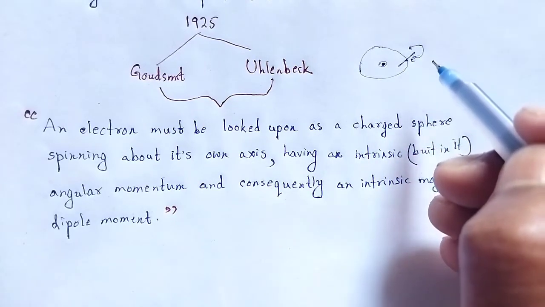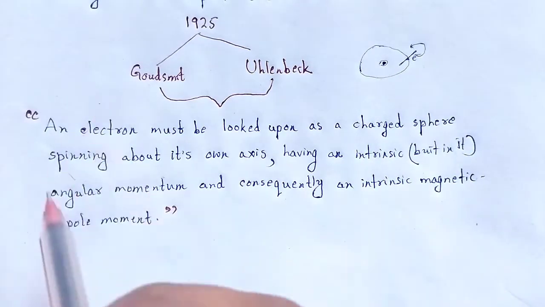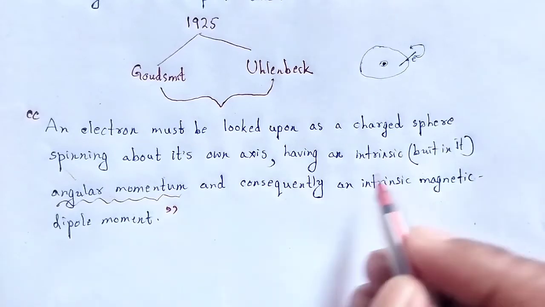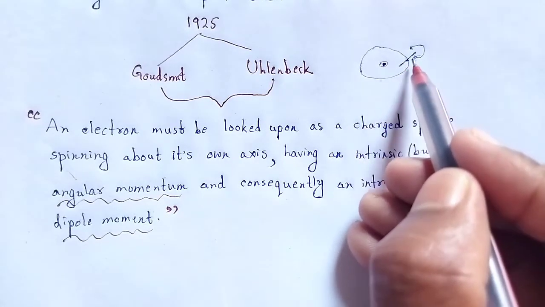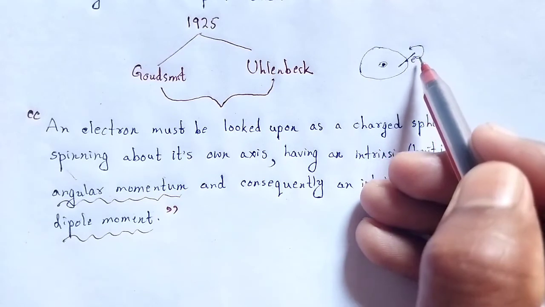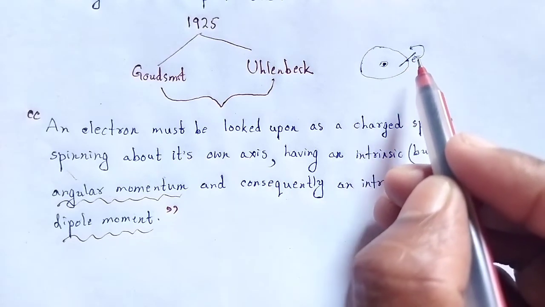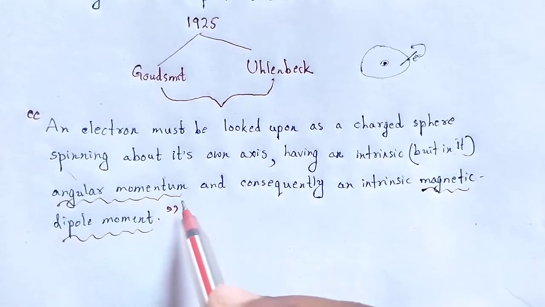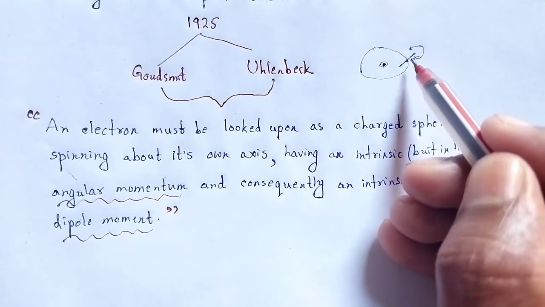Due to that spin, two things are developed inside it: one is angular momentum, and consequently a magnetic dipole moment is also developed within it.